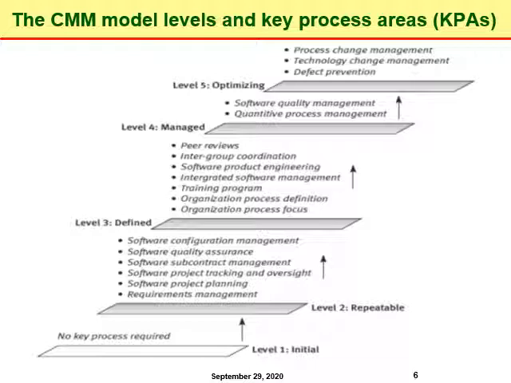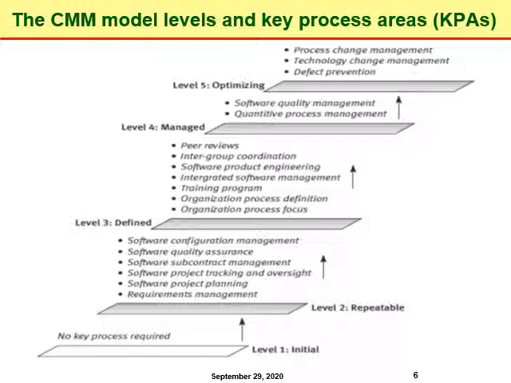Now, if an organization wants to achieve a certain level of the CMM, then it needs to meet all the requirements that are related to the key process areas of that level. In other words, it needs to uplift its procedures by fulfilling all the requirements that are defined by the key process areas. For example, to reach level 2, the requirements related to the key process areas of level 2 need to be satisfied.